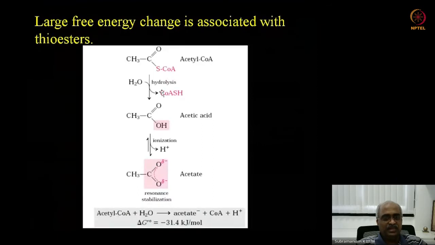Now, here is an example of a non-phosphate containing molecule. This is a thioester, okay, SH in ester linkage with this carboxylic acid. And here again, hydrolysis leads to stabilization by this resonance structure shown here. And therefore, the product is more stable than the reactant.